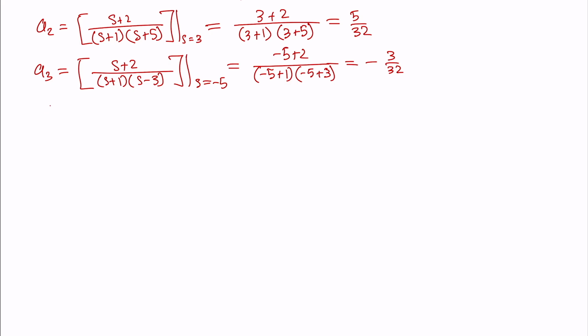such that we can write that F(s) is equal to -1/16 times 1 divided by (s + 1) plus 5/32 times 1 over (s - 3) minus 3/32 times 1 over (s + 5).